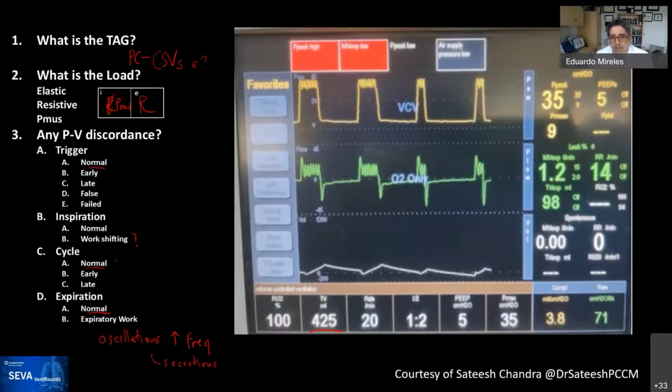I think one of the clues when I was looking at this is that they have this button down here, or this variable that says Pmax. And you may note that where this is stopping is probably around the 35 mark for the peak pressure.